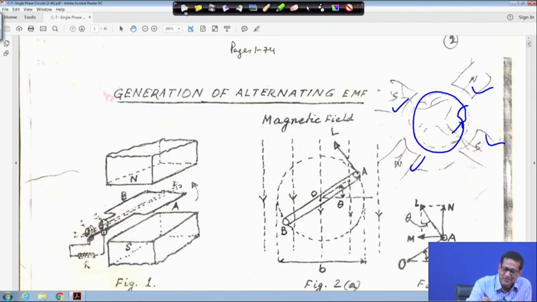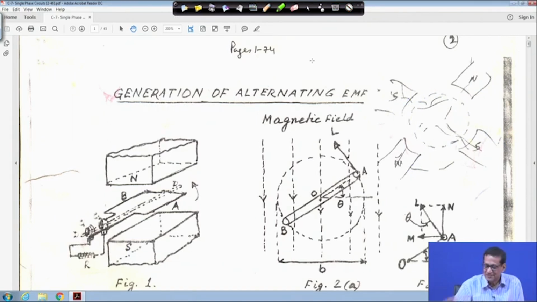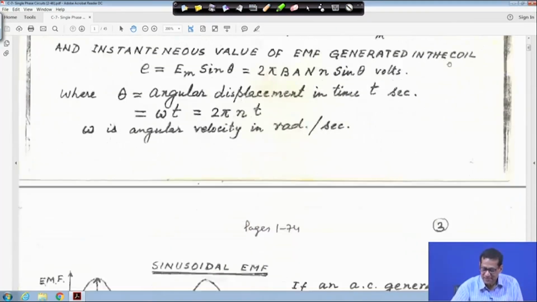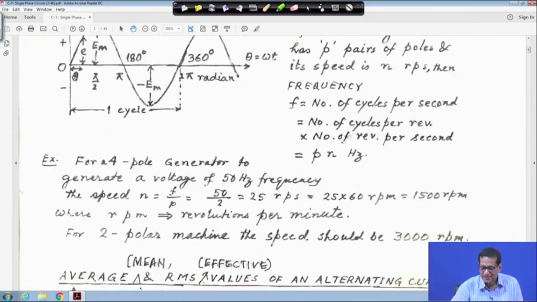So, that means here, if you look into that, P is the number of cycles per revolution, right.